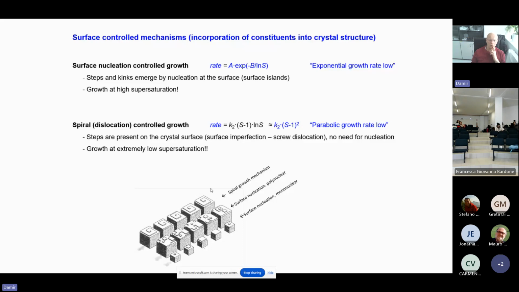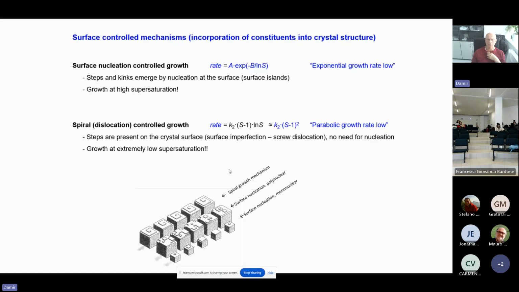The explanation for growth at low supersaturation is related to the fact that in real crystals, steps are always present on the crystal as a kind of surface imperfection. This imperfection is called screw dislocation. So there is no need to continuously form new nuclei.